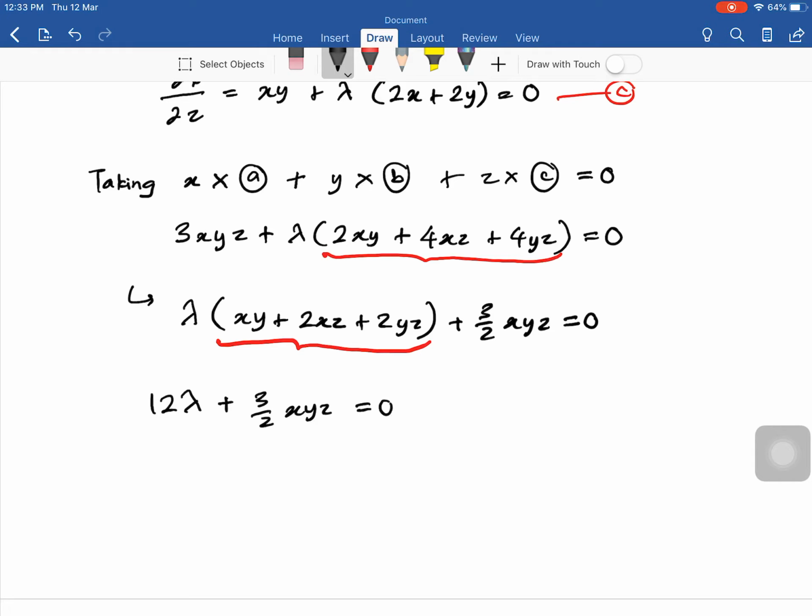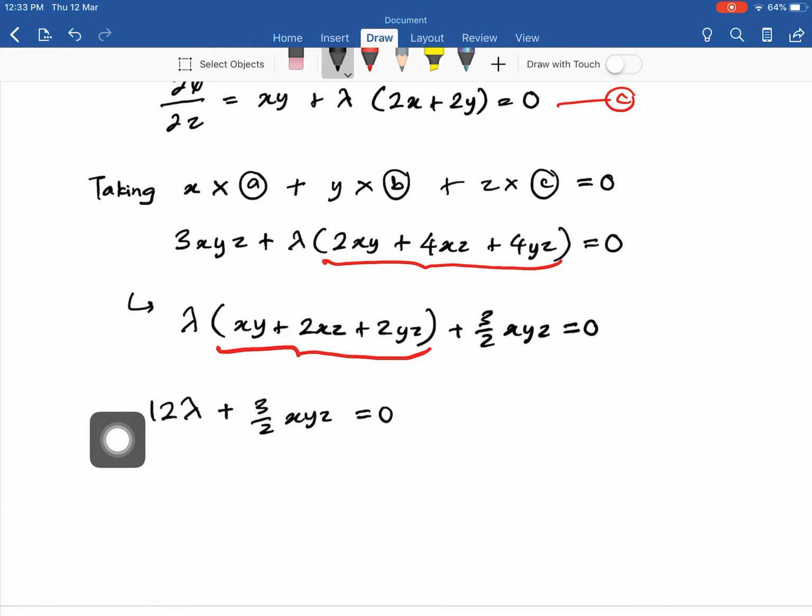Right. So this is a very genius way to solve this. So we can simplify everything into this short equation. This one. So from here we can find lambda. So lambda is equal to negative 1 over 8 x y x. Okay.